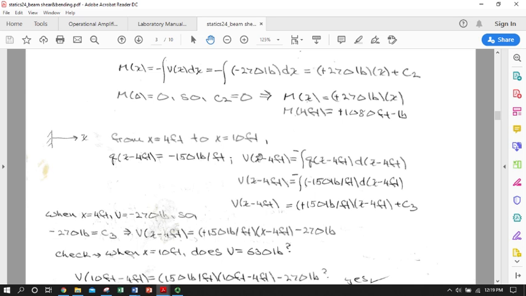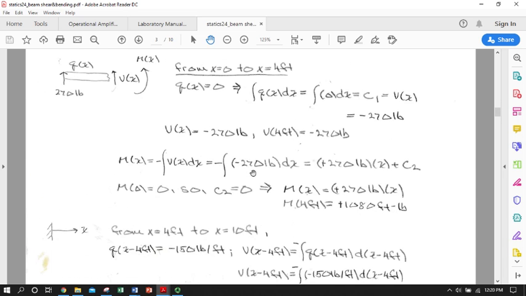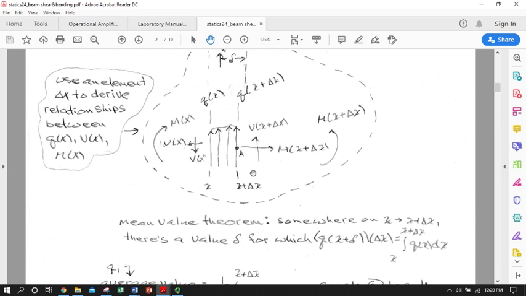So we can go into our definition of shear force in terms of a downward applied distributed load. So if we had an upward applied distributed load, we would have a positive, excuse me, let's go back and check our sign convention.